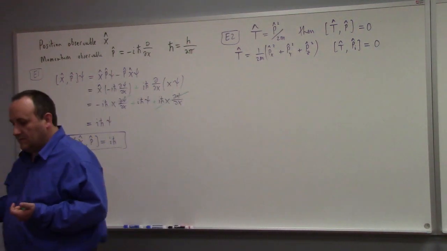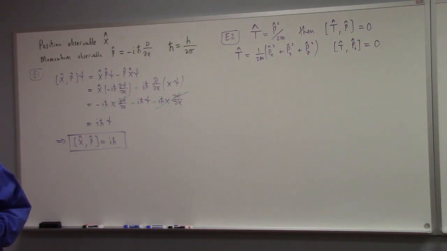So the kinetic energy commutes with momentum, right? And so that would mean the Hamiltonian would commute with the momentum operator.